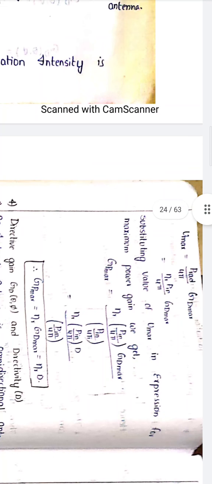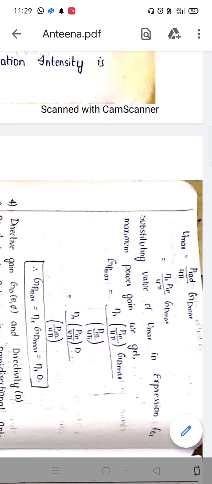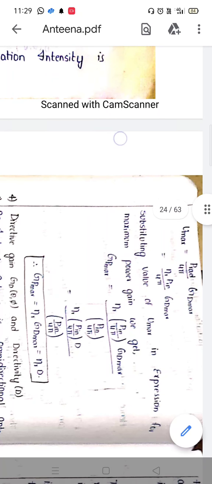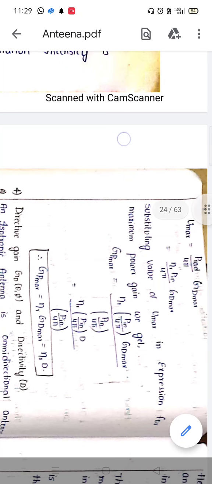Substitute here, you will get U max in terms of eta P in by 4 pi GD max. Substituting the value of U max in the expression for maximum power gain, we will get eta into P in by 4 pi, so divide by 4 pi.